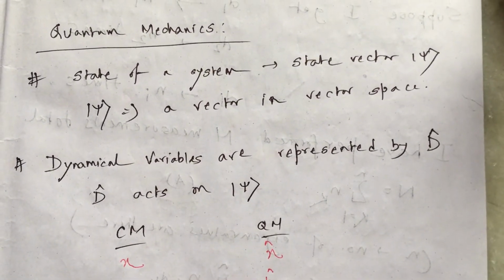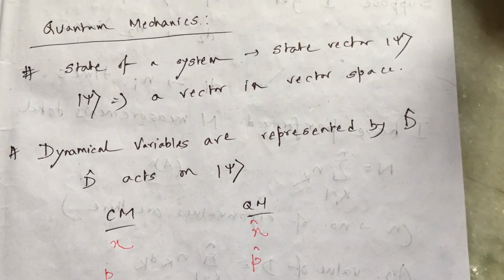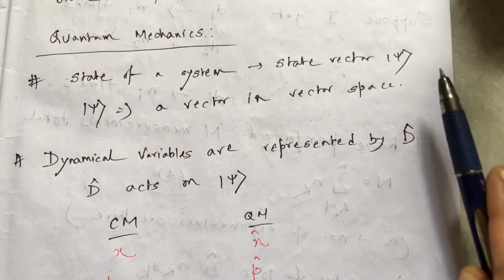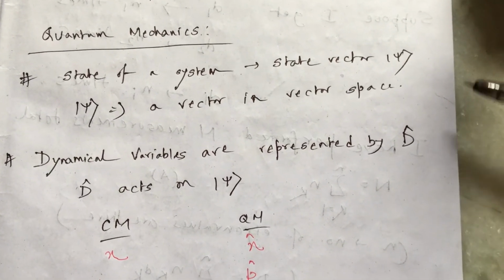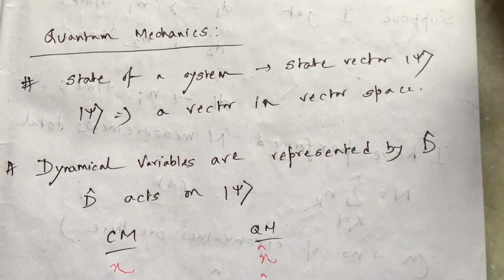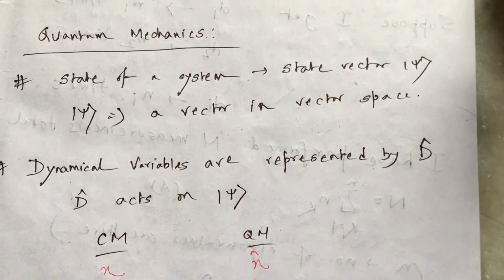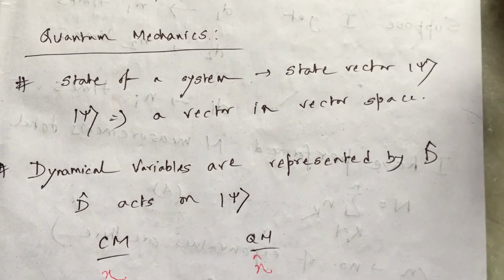But in quantum mechanics, the state is described by the state vector. This is called the wave function. I have written this as a ket vector. This state vector contains all the information about the quantum mechanical system.